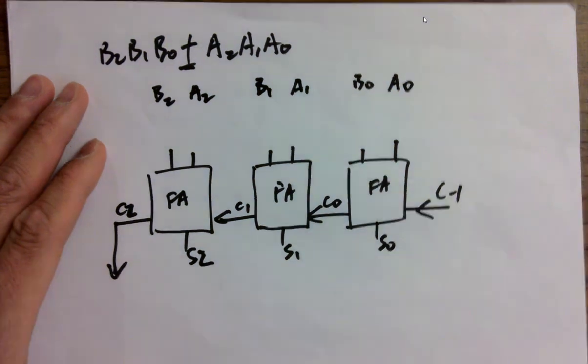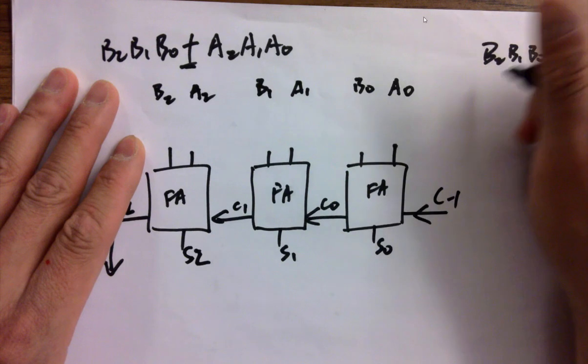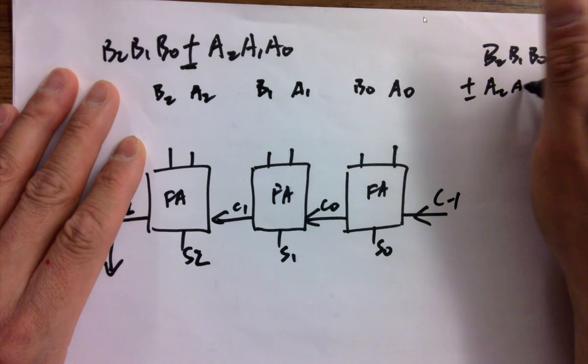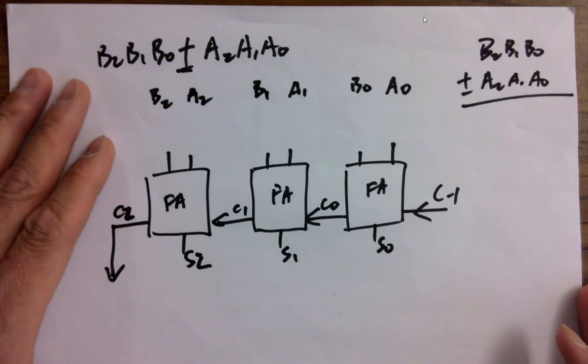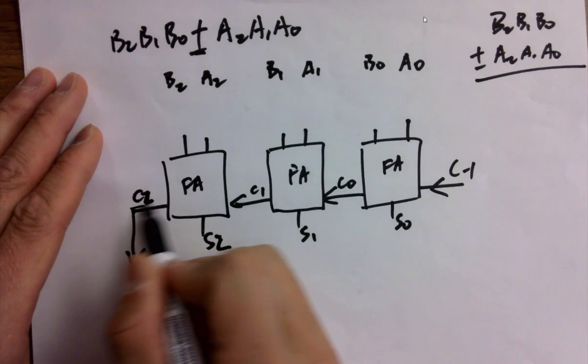So these are being added together because it's B2, B1, B0 plus or minus A2, A1, A0. It's adding bit by bit, right? And that's the carry out.